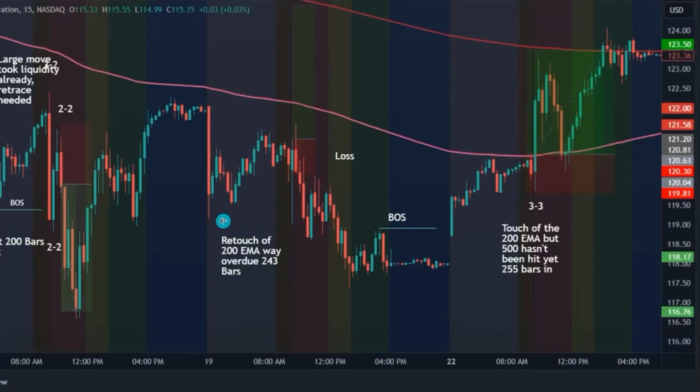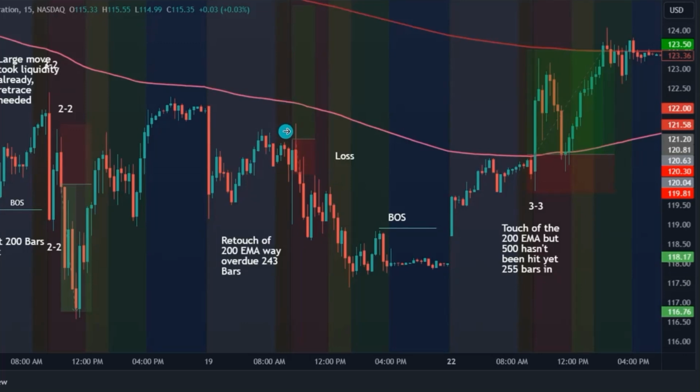So continuing on, we see price has still not touched the 200 EMA, yet it has created 243 candles. So on this day, you might look for a move to the upside, and you get this big hammer candle, and then price breaks the top of that candle to move back to the 200 EMA.